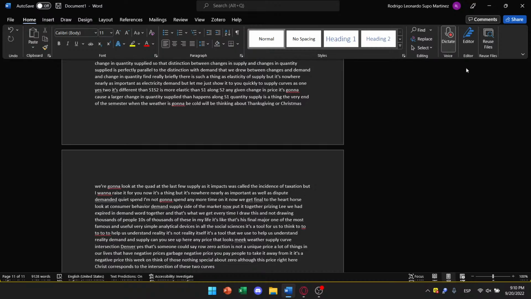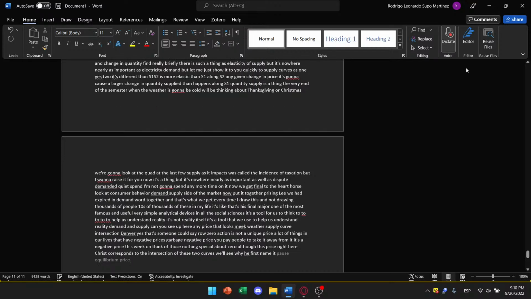And we'll see why. We call it the equilibrium price. We call it that for a number of reasons. One reason is that at that price, quantity demanded and quantity supplied are equal to each other.